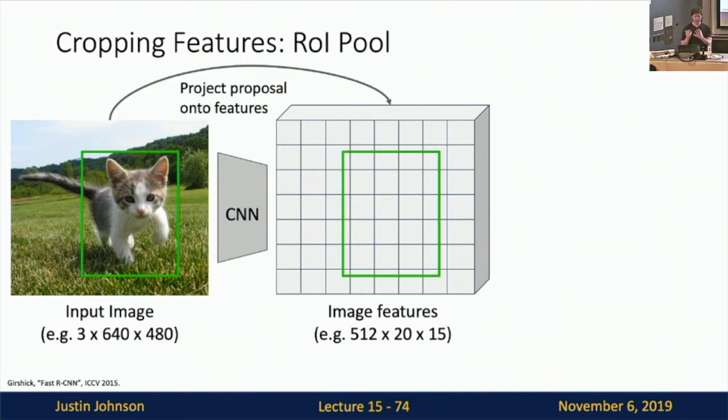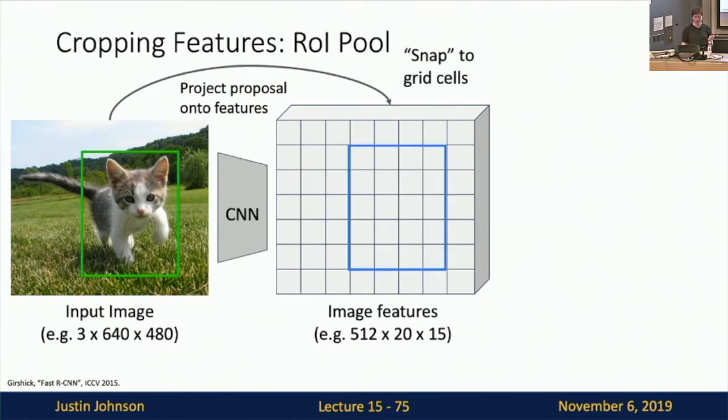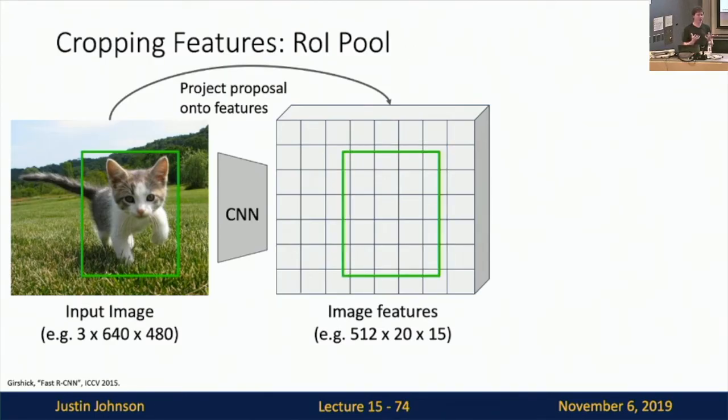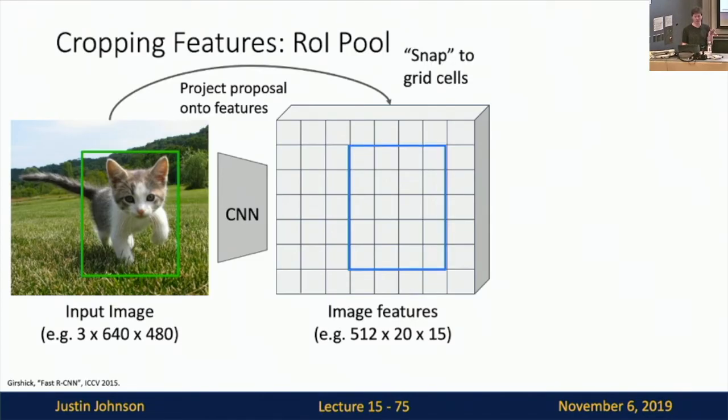Because this network is fully convolutional, each point in this convolutional feature map corresponds to points in the input image. So what we can do is project that region proposal onto the feature map instead. After we do that projection, the region proposal might not perfectly align to the grid of the convolutional feature map. So the next step is we can snap that to the grid of the convolutional feature map, and then divide it up into subregions.